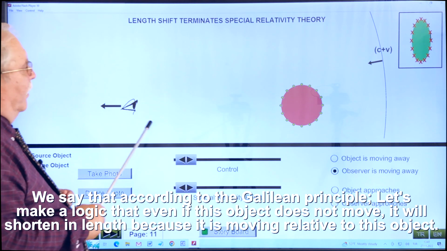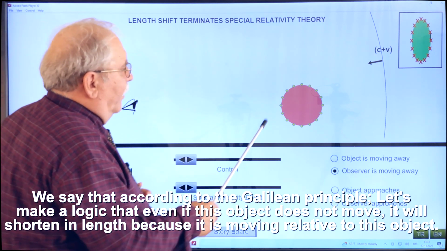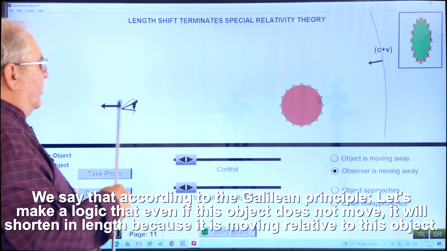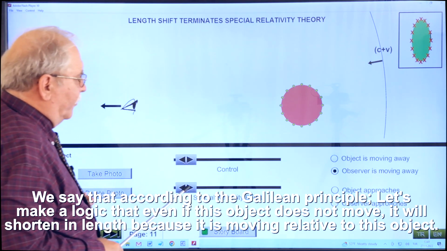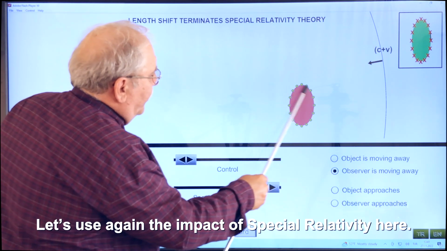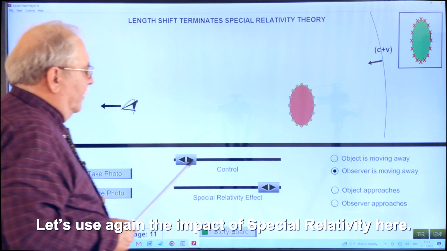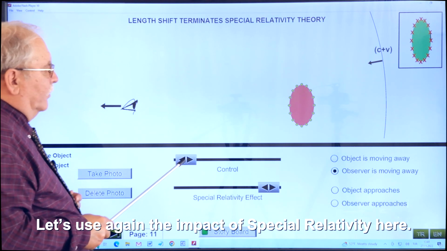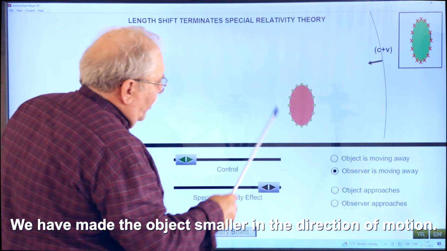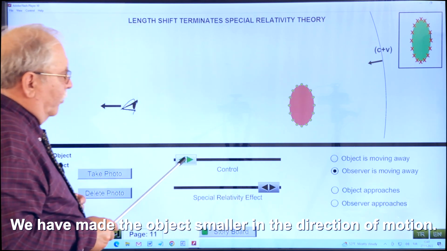We say that according to the Galilean principle, let's make a logic that even if this object does not move, it will shorten in length, because it is moving relative to this object. Let's use again the impact of special relativity here. We have made the object smaller in the direction of motion.